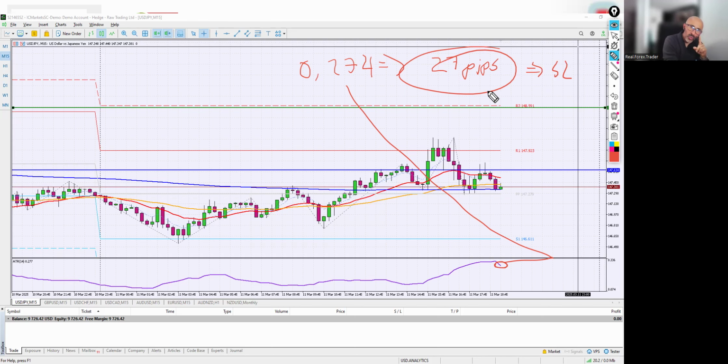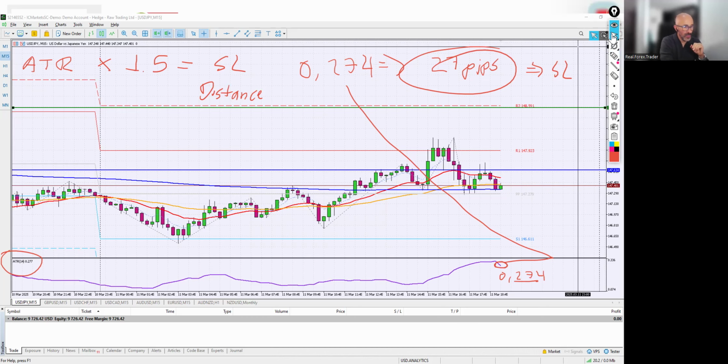No. The rule says that I'm going to multiply the ATR. So this value here, 0.274, but I focus on 27 pips. So my ATR times 1.5. That result is going to be my stop loss distance, right? So that's it. Let's calculate it. So I use my calculator here.